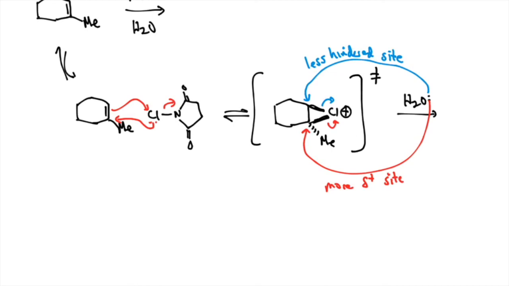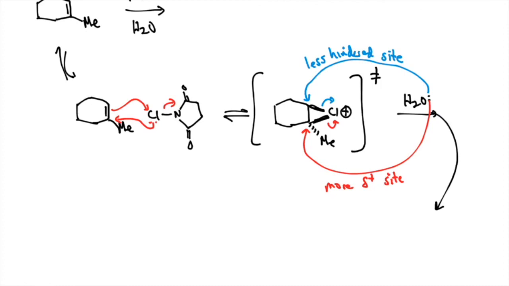And it turns out that the regioselectivity of this reaction is going to be Markovnikov. And so I'll draw this arrow going down here. It's going to give you the product that has water attached to the more delta positive site.